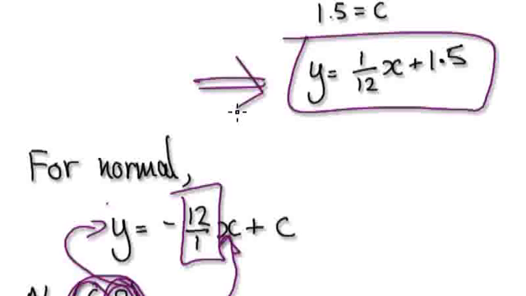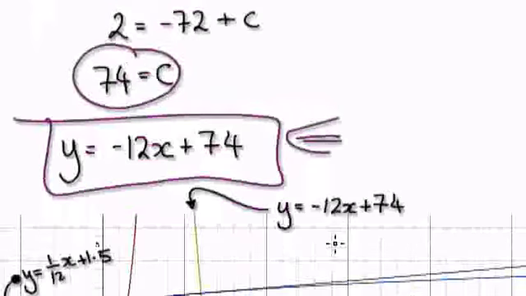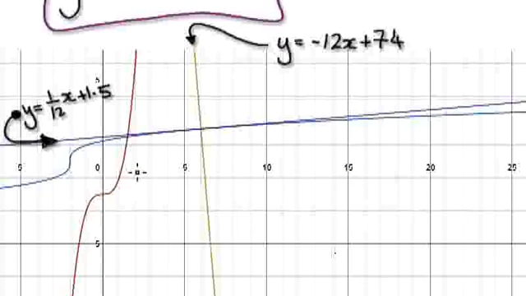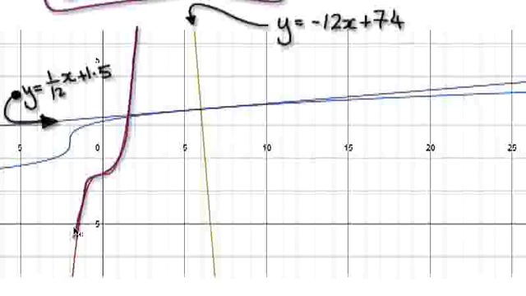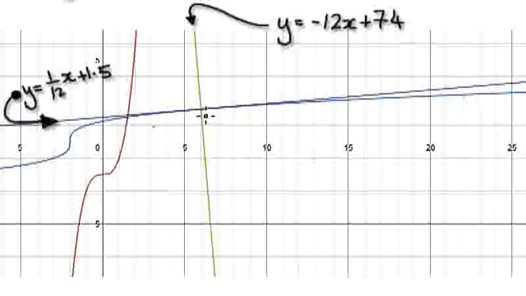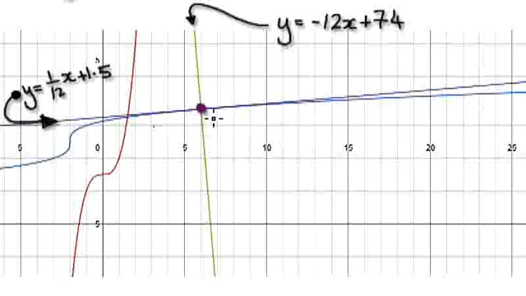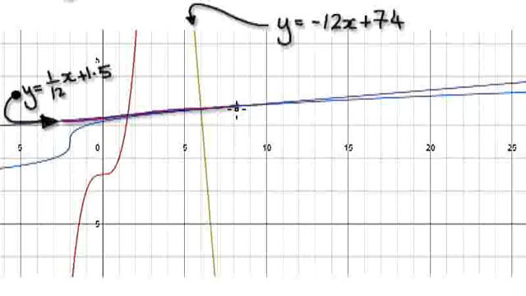Once you've got these two equations, you can jump to your graph plotter and plot this graph. Remember, this was our original function f of x. The inverse function is this blue line. We wanted to know at this point, which is at 6, 2. The tangent line is this line here.